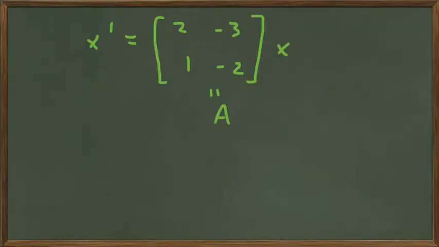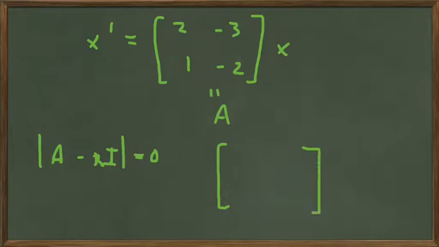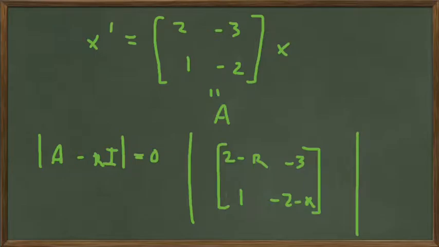So here is our matrix system, and we need to find where the determinant of A minus rI equals 0. We said that when we do A minus rI, we subtract r from the entries in the main diagonal. So this would be 2 minus r and minus 2 minus r, but these entries, the minus 3 here and the 1 here, do not change. And then we need to find the determinant of that matrix and set it equal to 0.